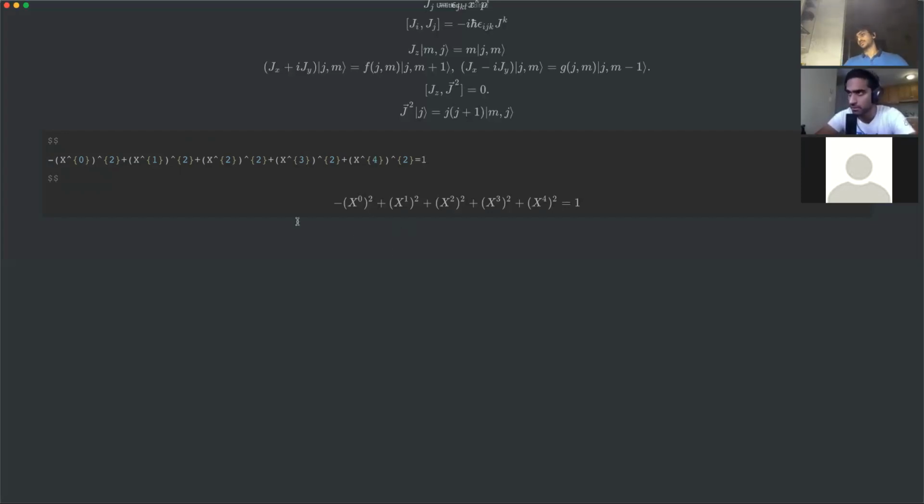So in this 5-dimensional flat space, de Sitter is the following hyperboloid.